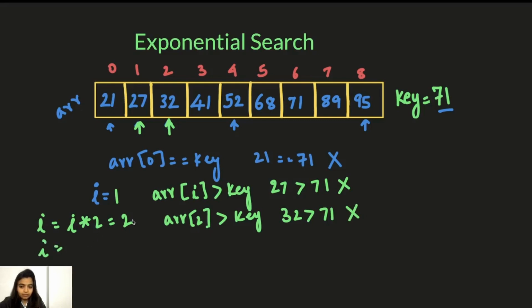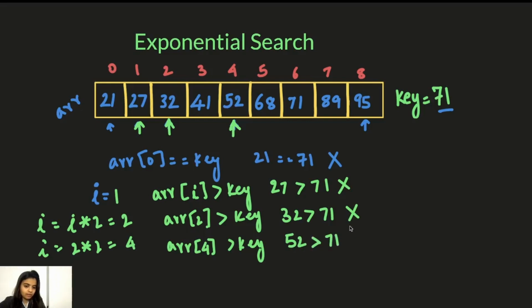Now i becomes 2 times 2 again, which will become 4. Now we compare array of 4, whether it's greater than the key. Is 52 greater than the key, which is 71? No, it's not. So again we repeat the same process.